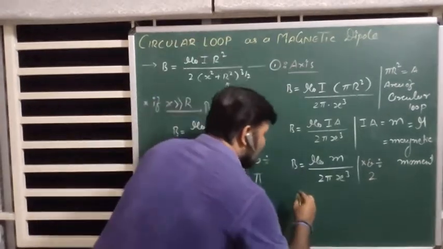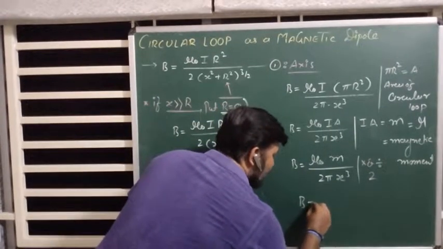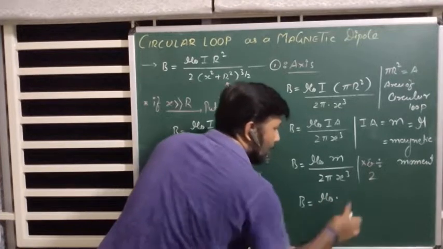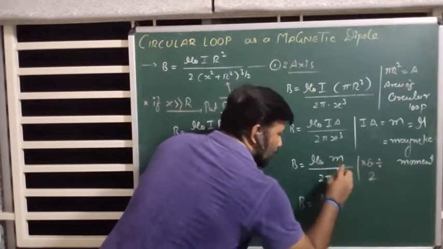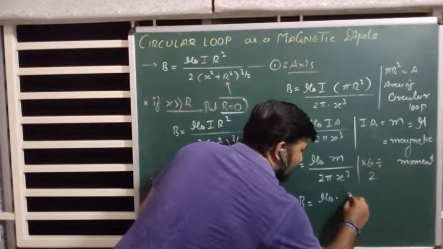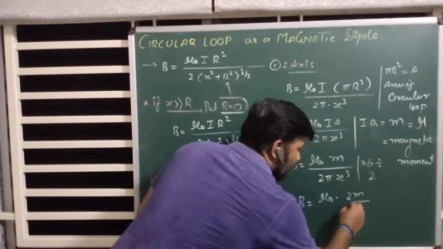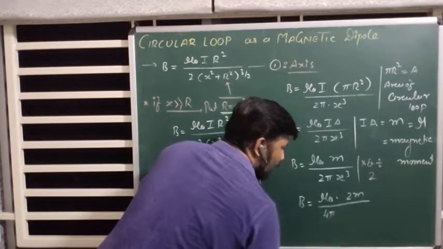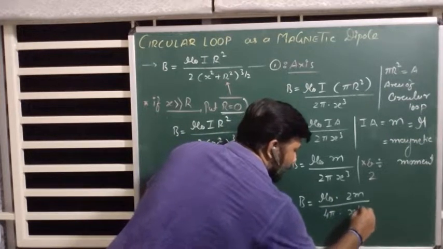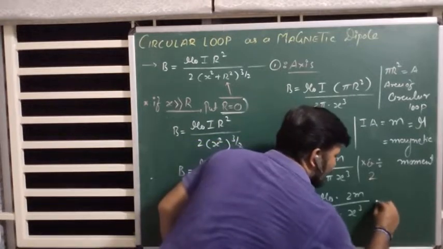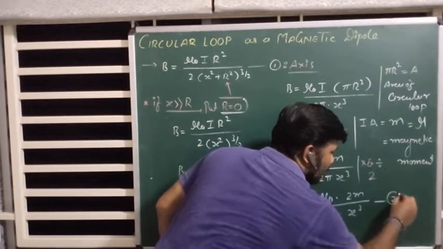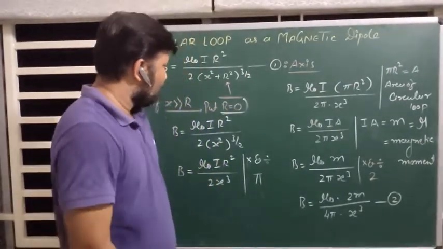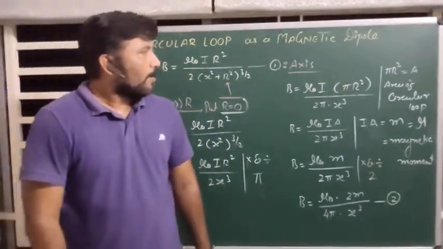So we will have the equation B is equal to mu 0 multiply by 2m upon 2 to the 4 pi multiply by x cube. Give it equation number 2. Simple thing is that. Got it?